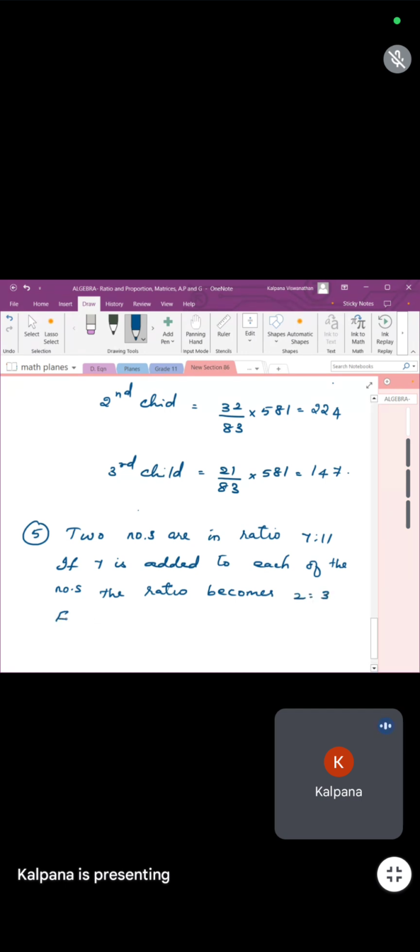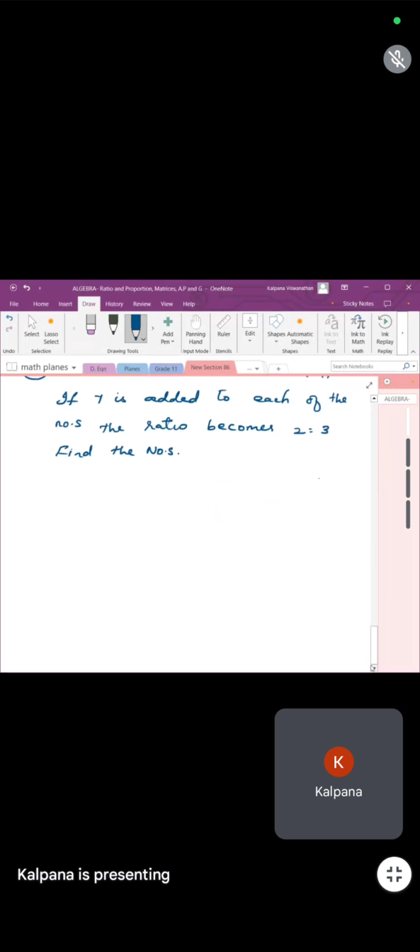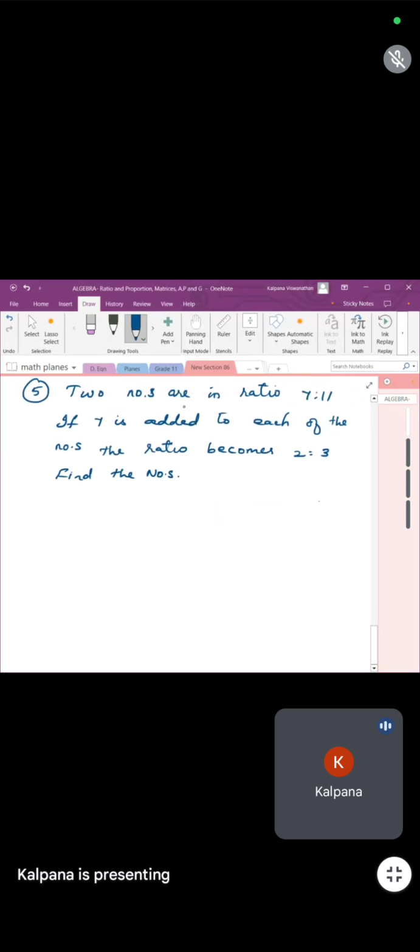Find the numbers. So the statement is very simple here. So how to write it? Tell me how to write it. Two numbers are in ratio 7:11, if 7 is added to each of the numbers.